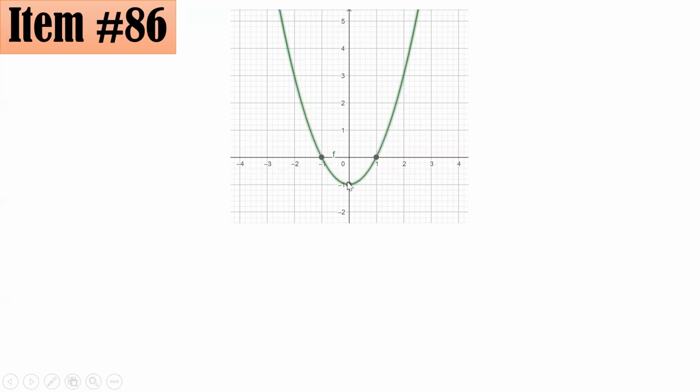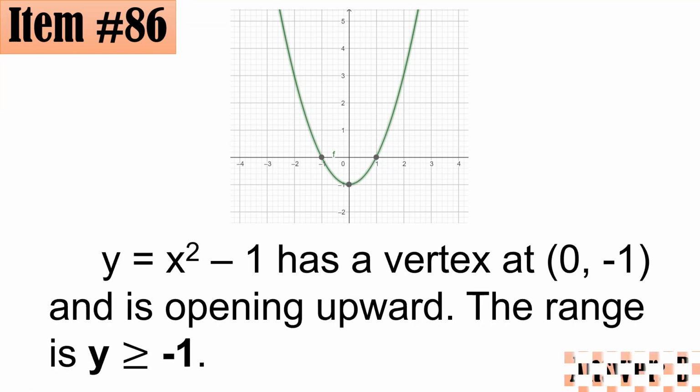So negative 1, and lahat na lang ng values dito na y, regardless of any x value you choose, it will give you a y that is actually either greater than or equal to negative 1. That's why the correct answer is letter B, y is greater than or equal to negative 1. Okay, thank you. I hope na nakuha po natin.